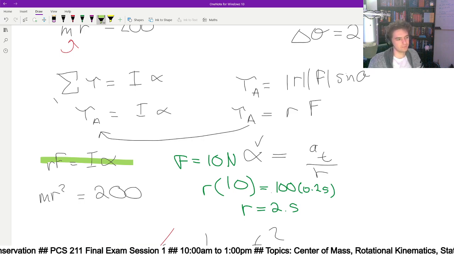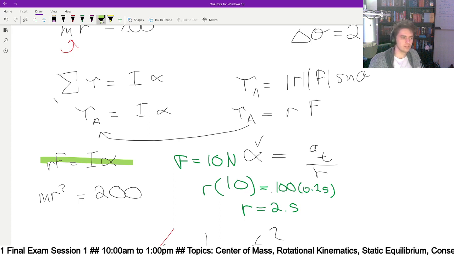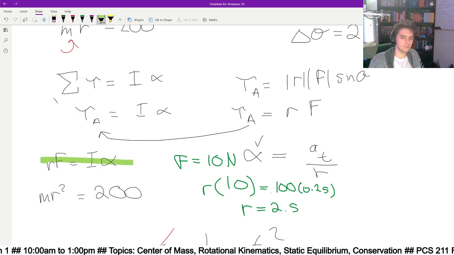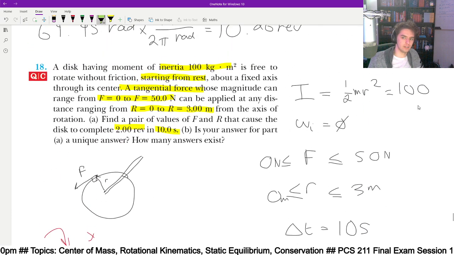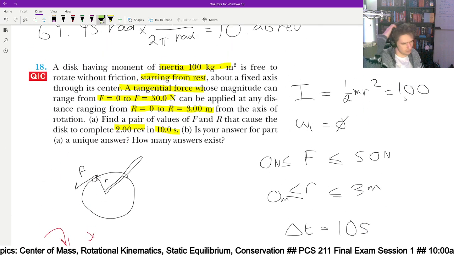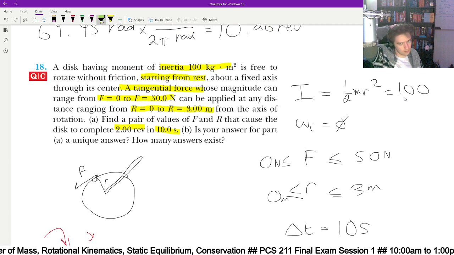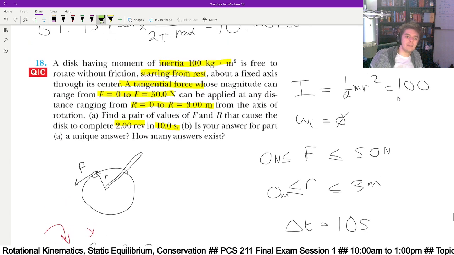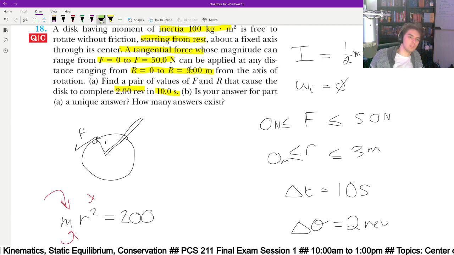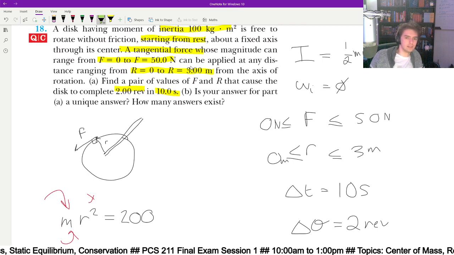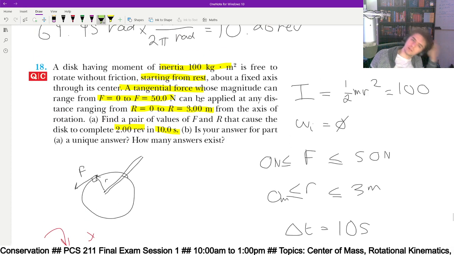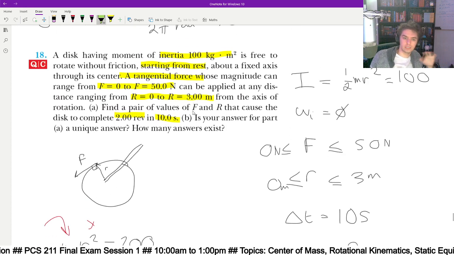We found alpha because with kinematic equations the inertia was given to us. We knew it was 100. Then we needed to solve for R and F, and we just chose a random value for F and got R, in the range that's acceptable. We know it's acceptable between 0 and 50. For this question, any of those choices would work.